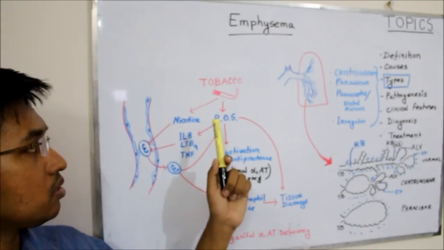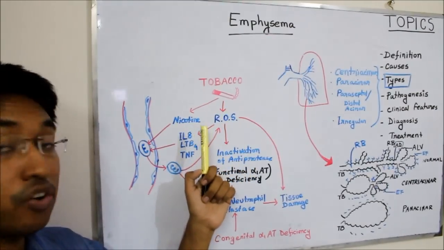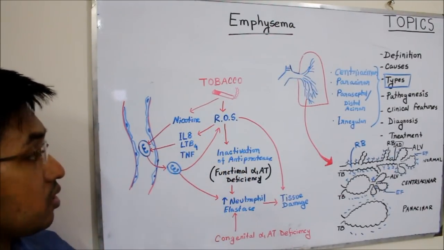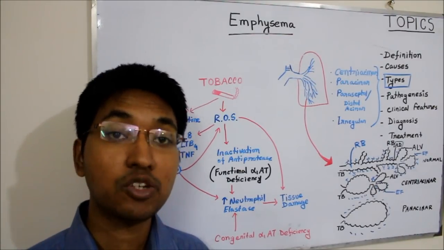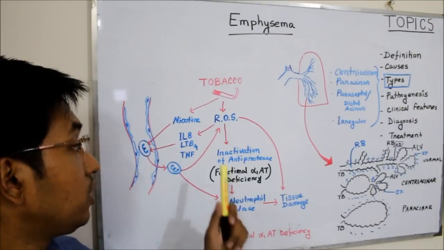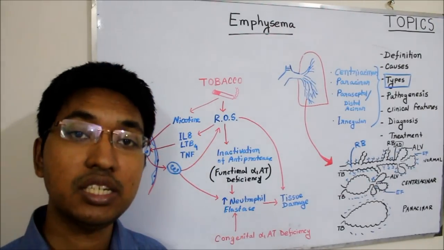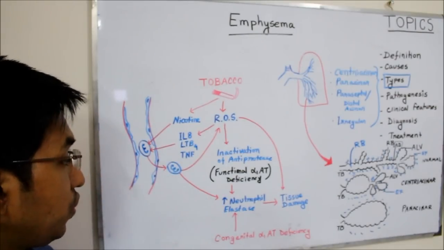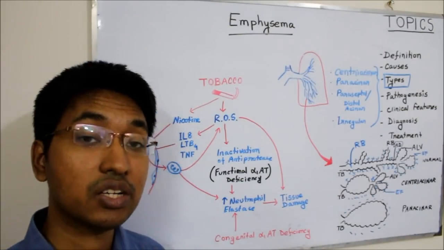The second mechanism, as you can see, is that tobacco smoke also contains reactive oxygen species, and that will activate a transcription factor named NF-kB, and that will result in activation of genes that encode interleukin 8, leukotriene B4 and TNF, and these things will attract more neutrophils, and neutrophils will come to the site and release elastase.